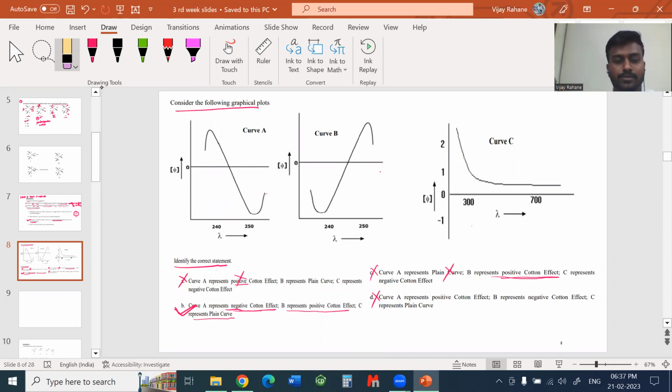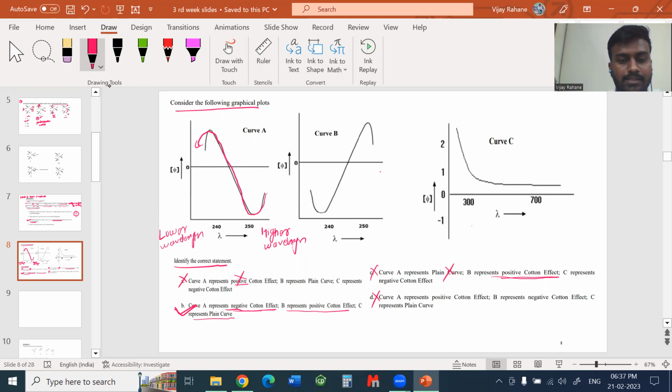So we just need to keep in mind, if we go from a higher wavelength to a lower wavelength, first increase and then decrease in line, it shows a positive Cotton effect.